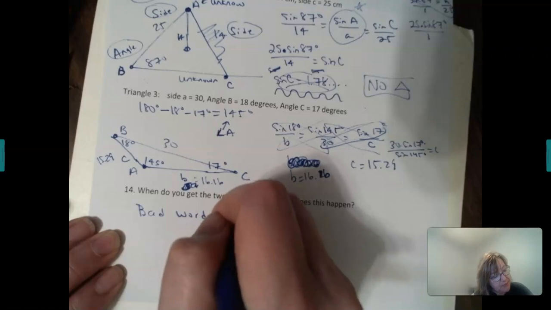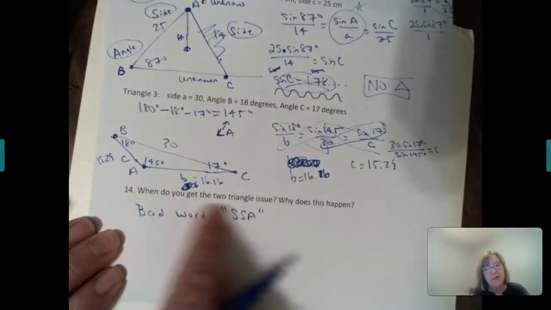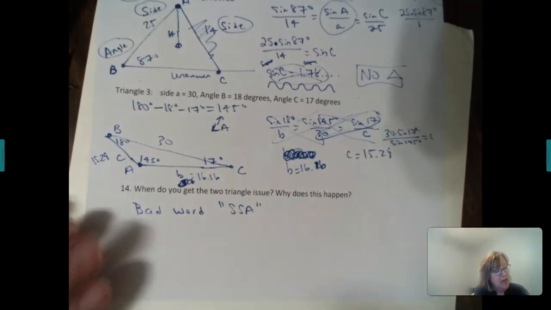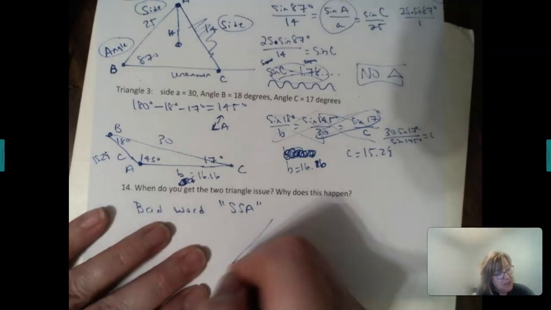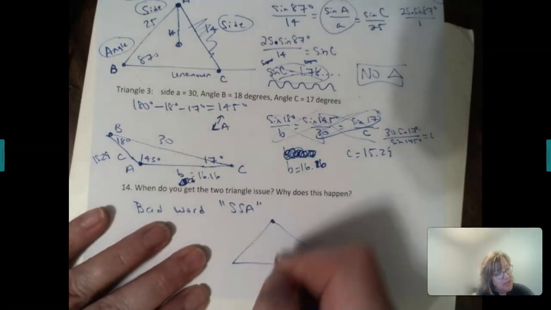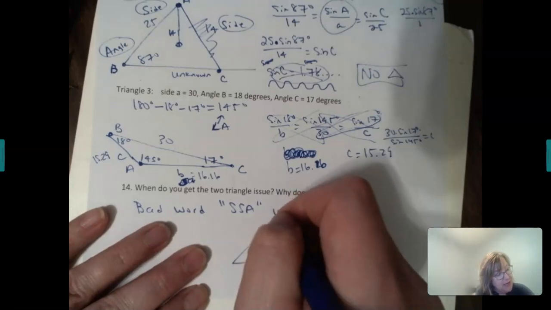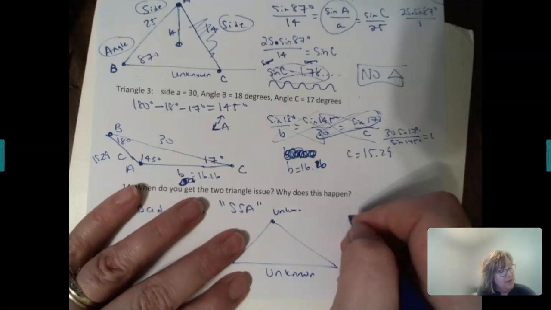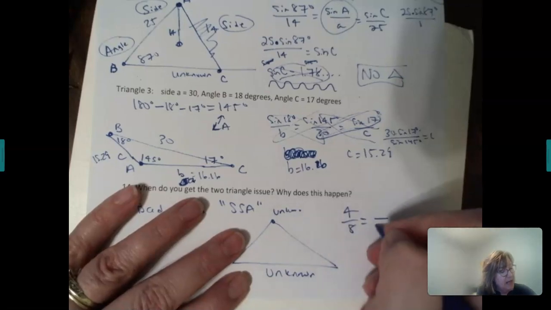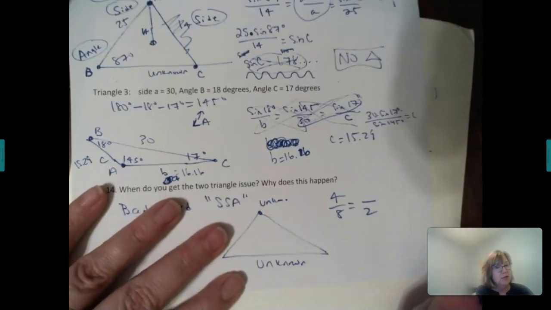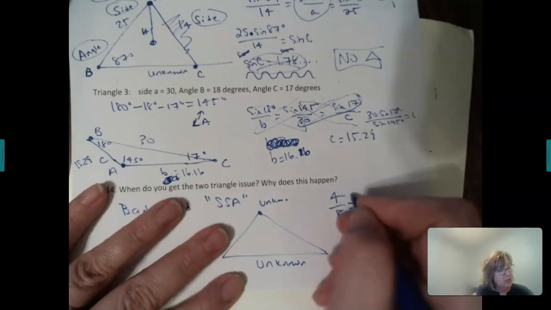Okay, which math teachers call that, but if you put it in reverse, it's a bad word. And the reason it happens is because you have two variables that can vary together. So for example, if I give you 4 eighths and I put a 2 here, there's only one answer, okay? Because you only have one variable.